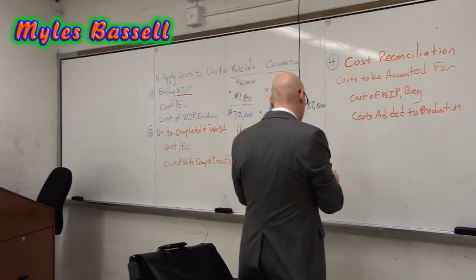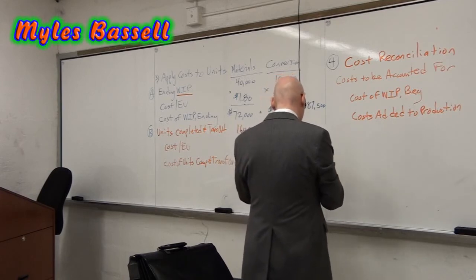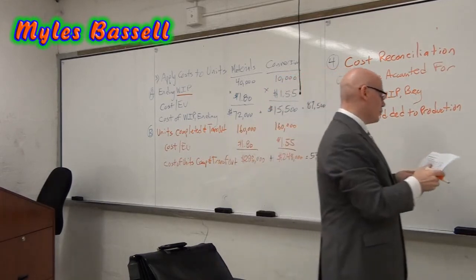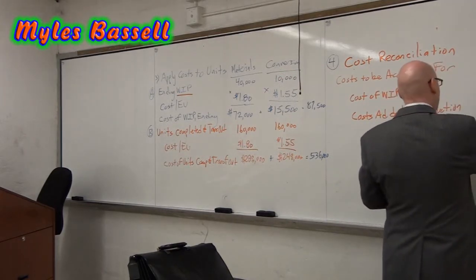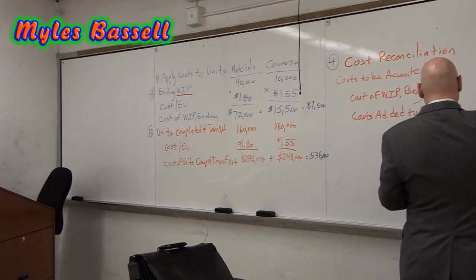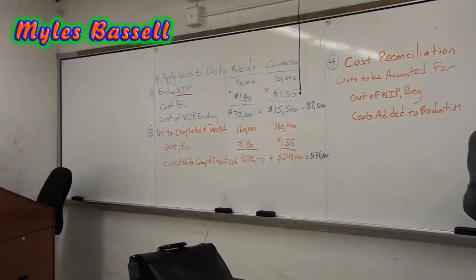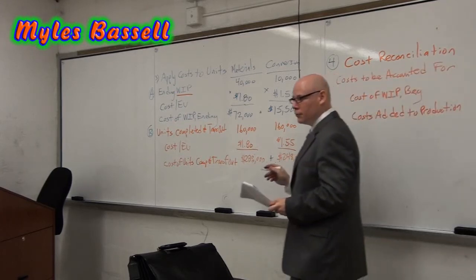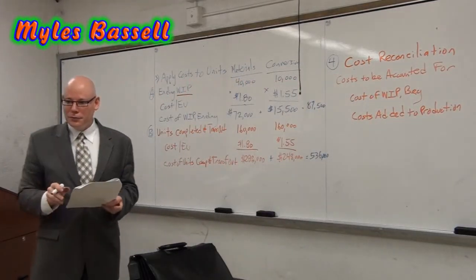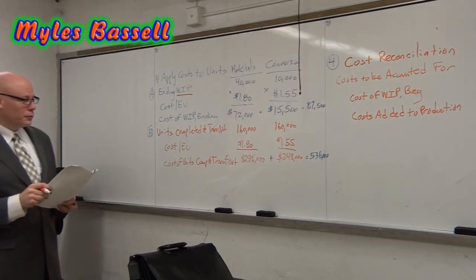506. Close. 573,000. Yes. Go ahead, tell them how you got that, Siobhan. The cost added for materials was $334,800, plus the cost added for the conversion was $238,700. Everybody got that? Tell them again, Siobhan. The cost added for materials was $334,800, and the cost of conversion was $238,700.